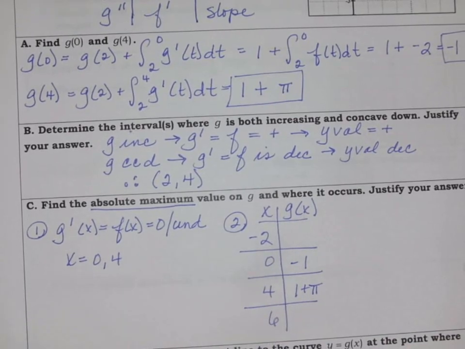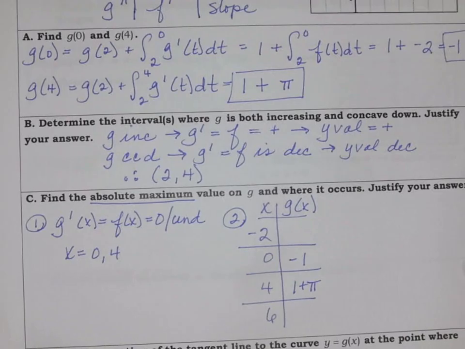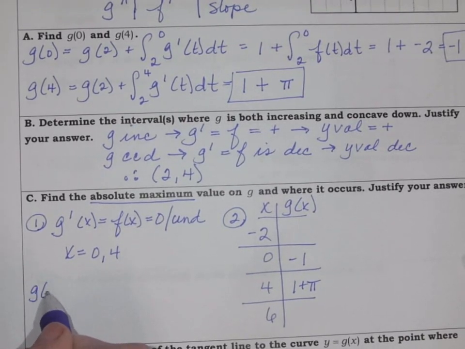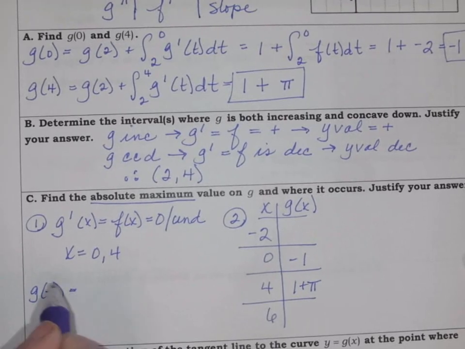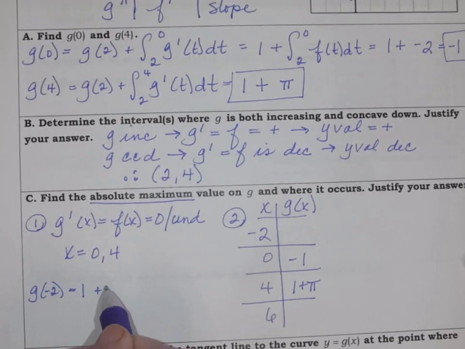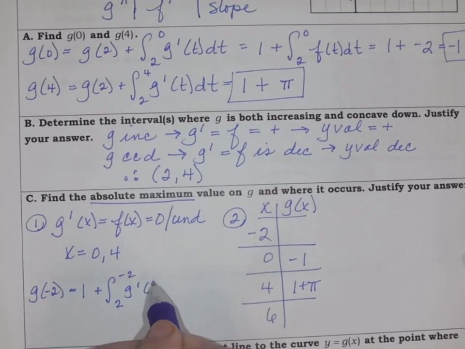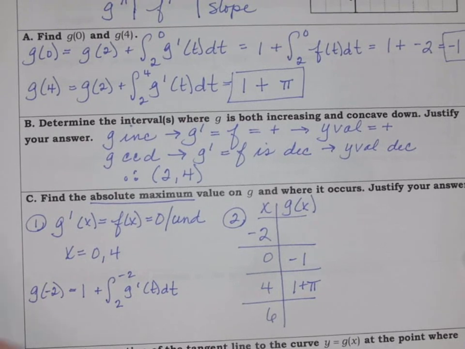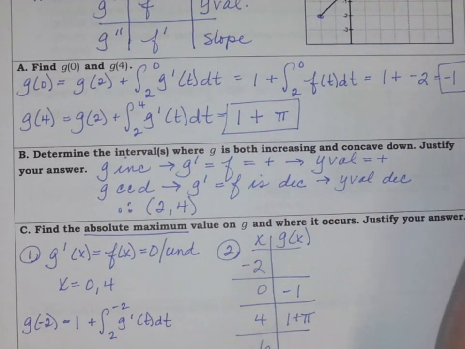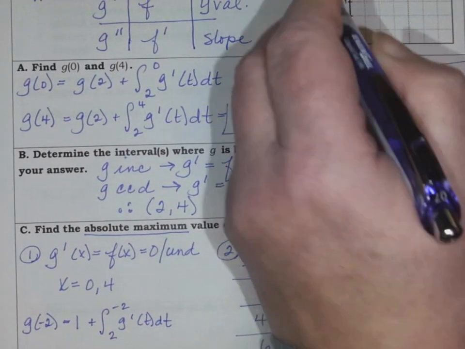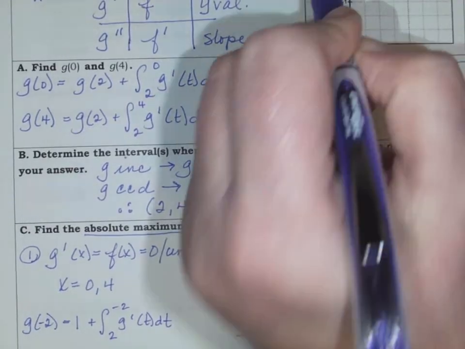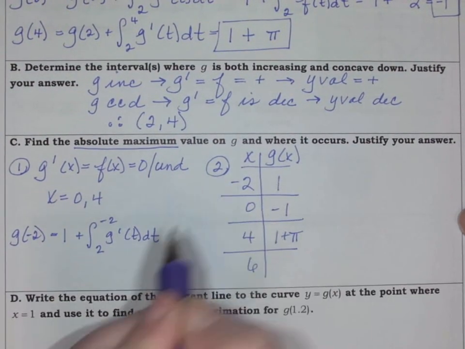So now we just have to go find our endpoints, -2 and 6. And we're going to have to do it the same way. So g of -2 is going to be 1 plus the integral from 2 to -2 of g prime of t dt. From 2 to -2, those two things are going to cancel out, so that's just going to give us 1.